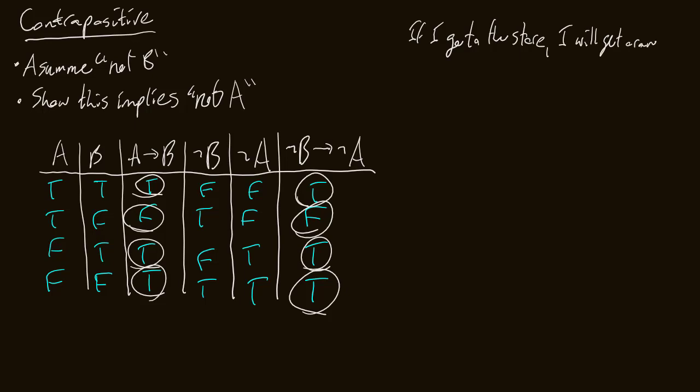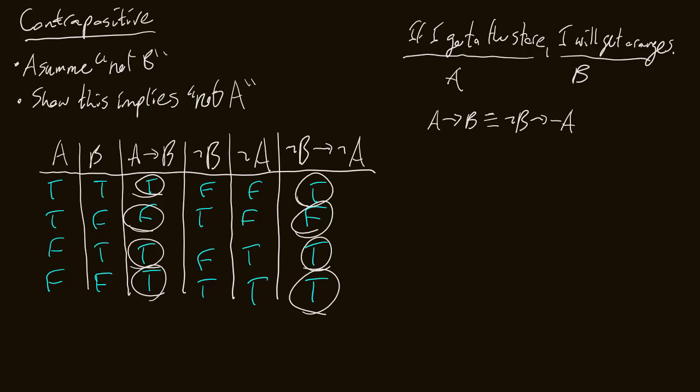That is our very basic example. In this case, A is our premise, B is our conclusion. If I go to the store, I will get oranges. So A then B. And what we want to show is that this is equivalent to not B, then not A.